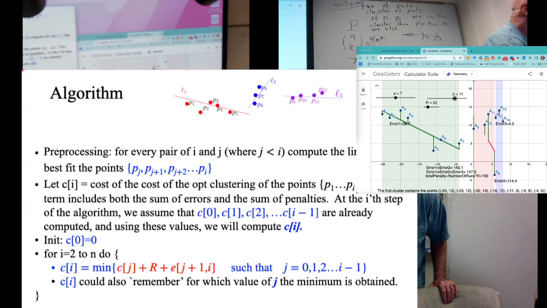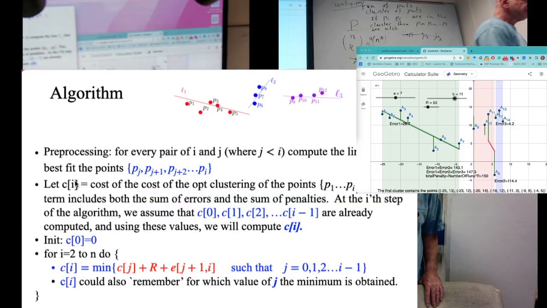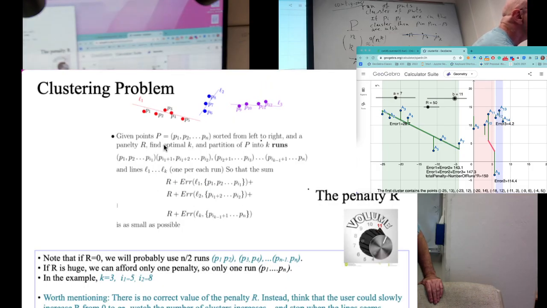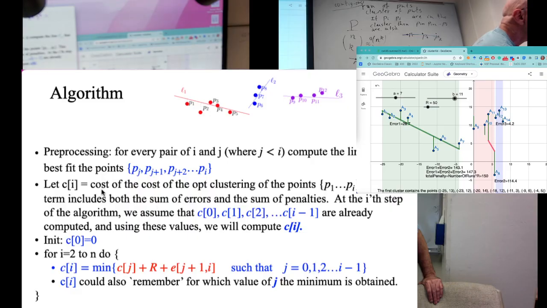Here, I'll define Ci to be the cost in terms of the formula that you saw one slide ago. This fancy long formula with a lot of terms. I'll assume that Ci will contain the cost of the optimum clustering of all the points, assuming that my data starts at P1 as before and ends at Pi.